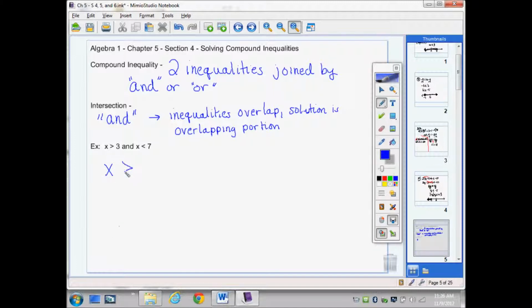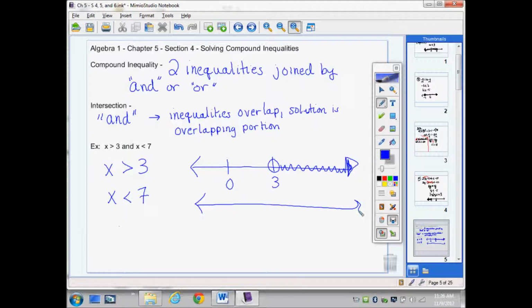If I graph x is greater than 3, that's this part right here. If I graph x is less than 7, that's this part right here.